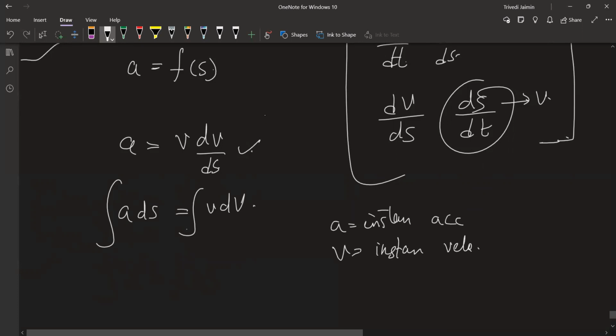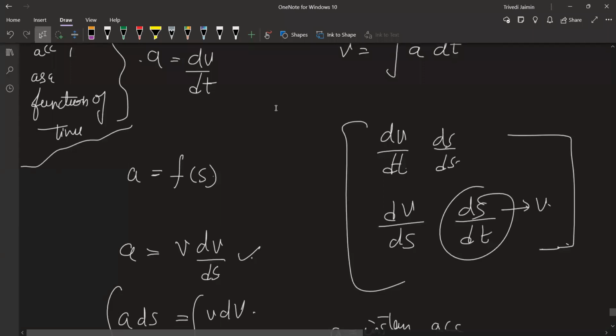So overall, what we discussed today. Let's summarize this so that you will not forget. Acceleration, its graphs, and then the differentiation and integration part of it.